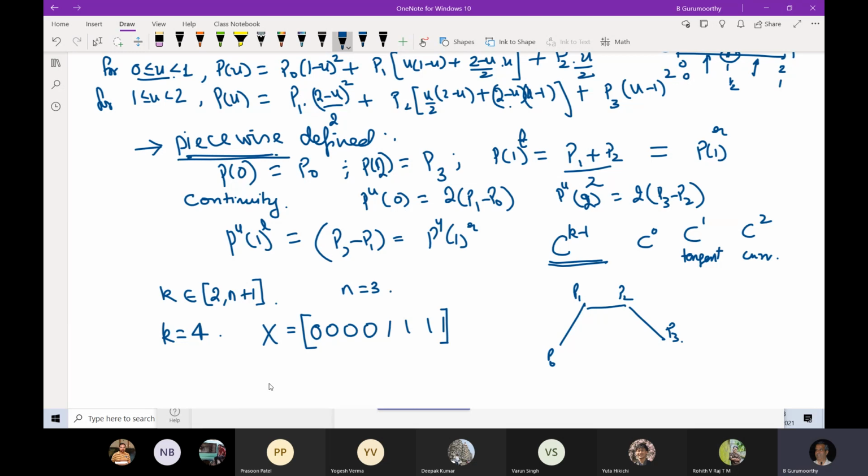How many segments are there? Okay, so in this case, the spline has only one segment going from 0 to 1, all the way from 0 to 1. So there is no segmentation here. There is only one segment all the way from 0 to 1.